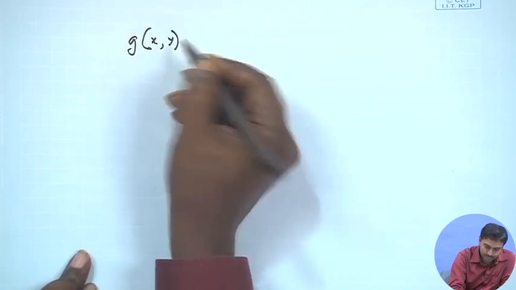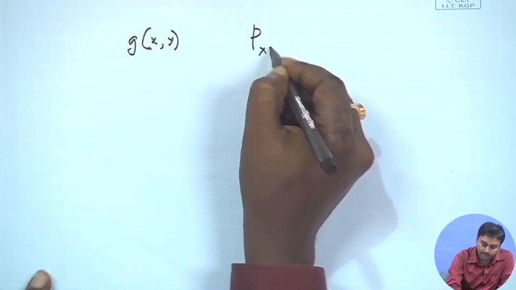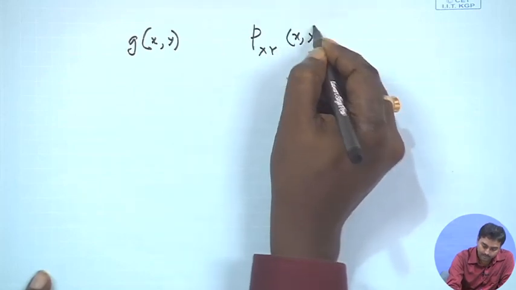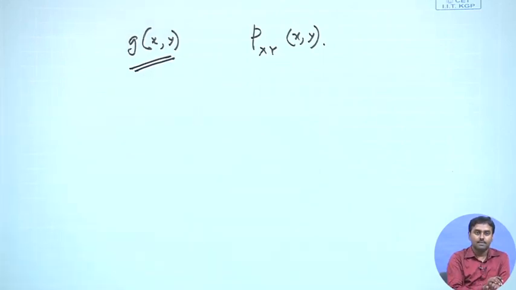Now suppose I have a joint case, where there are two random variables x and y with a joint PDF defined as p(x,y), and I also have a joint function g(x,y) whose mean I want to evaluate.